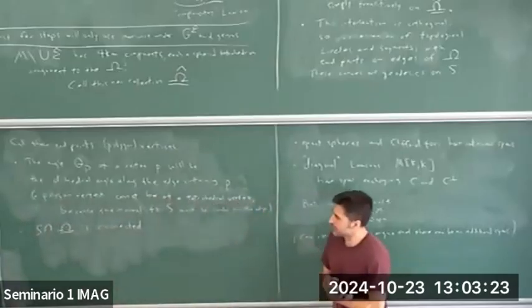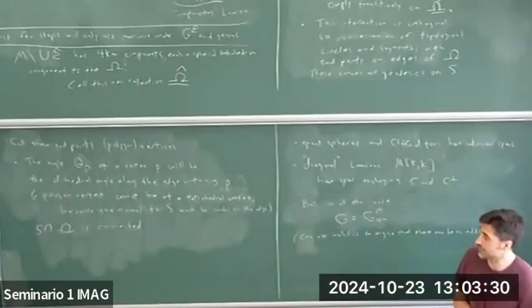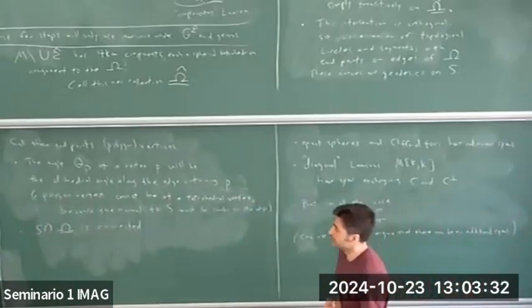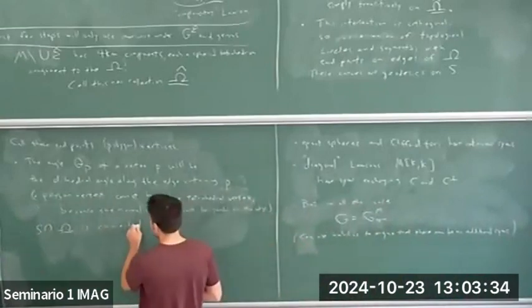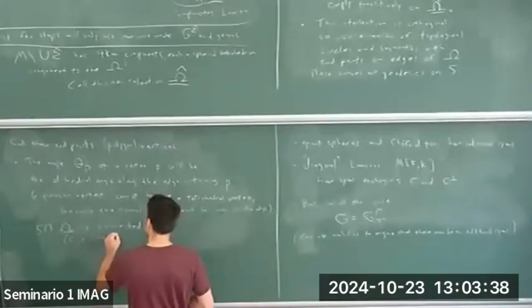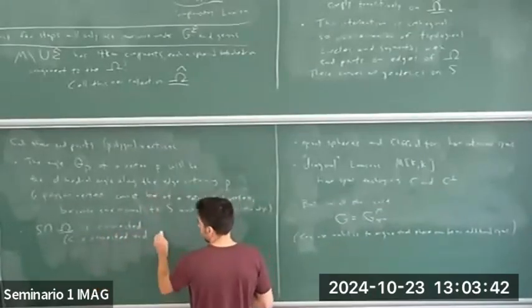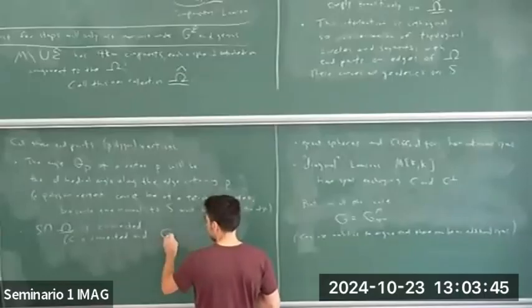Okay, another important, but also all really basic observation: the intersection of S with omega, so not just the base, is itself connected. Why? Because S is connected. Yeah, and again, we have this transitive action. So yeah, I mean, it's more than that.